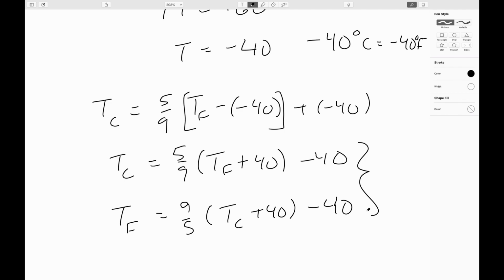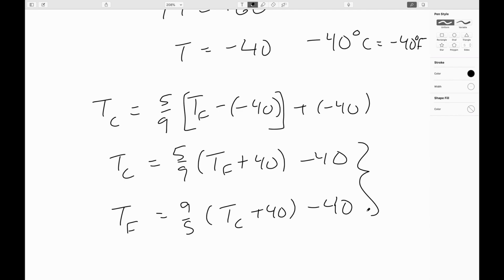Now, if you're going from Fahrenheit to Celsius, you'll times by 5/9 because Fahrenheit is more finely graduated, so the 9 has to go on the bottom. And then you subtract 40. Or if you're going from Celsius to Fahrenheit, you take the Celsius temperature, add 40. Then you times by 9/5 because with Fahrenheit being the more finely graduated scale, there'll be more Fahrenheit degrees than Celsius degrees, so the 9 needs to be on the top.